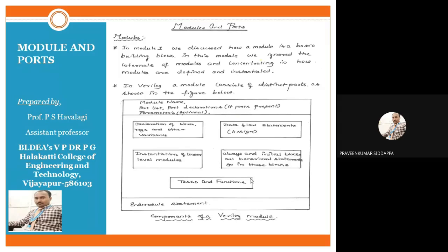You can check it in your slide. In your exam you will get one question, which will compulsorily appear for 10 marks or 8 marks: explain the components of Verilog model. The block diagram shown in your slide shows the components of a Verilog model. First understand what question will appear in your exam.